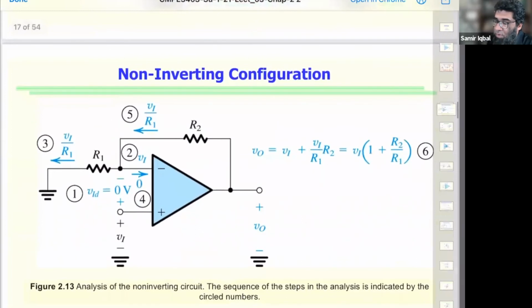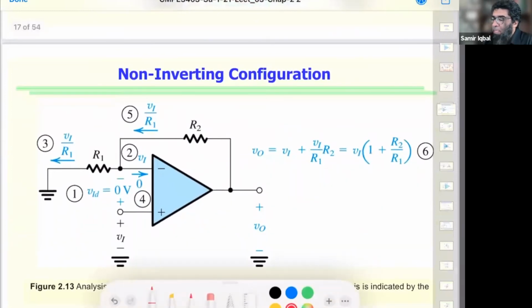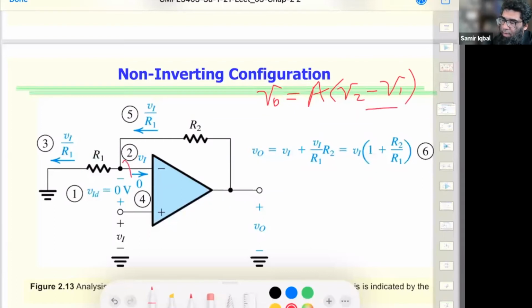We start with number one, which again, for infinite gain and finite output, the difference of V2 minus V1 has to be small, which means it has to be zero, which means again these two are on virtual ground.